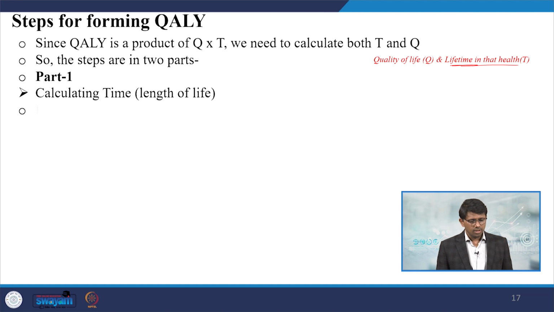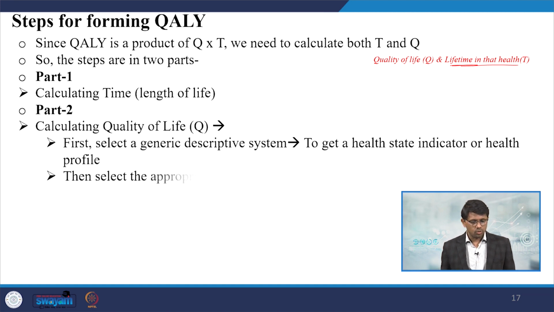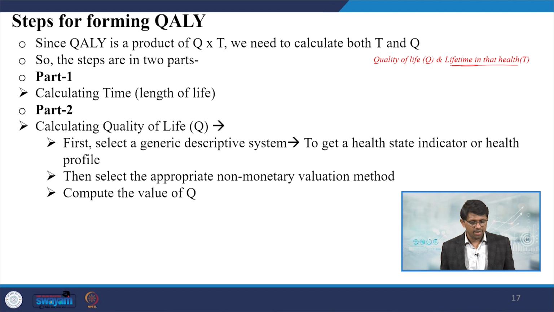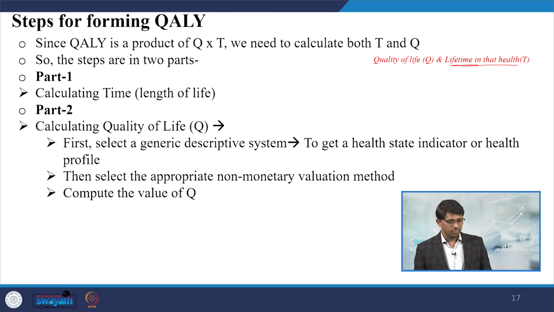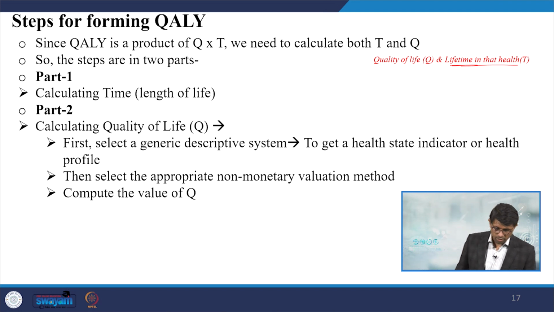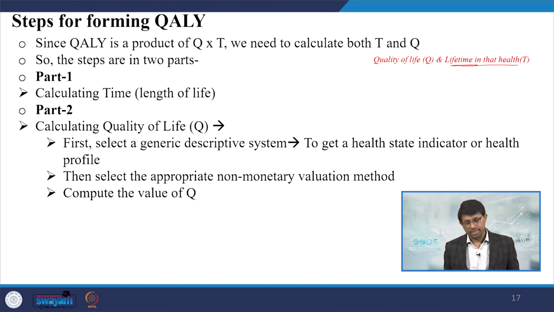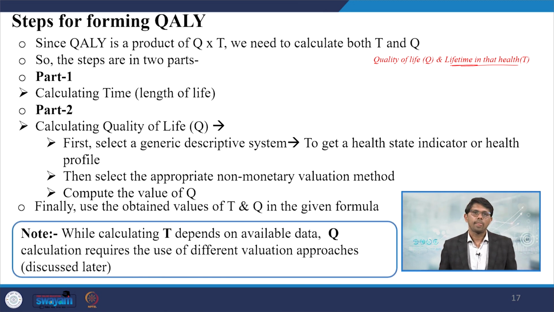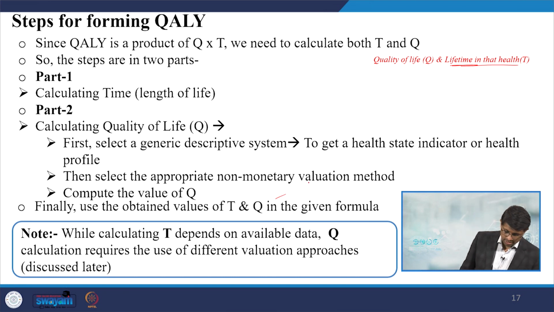The steps are mentioned in parts. First we calculate the length of time, then the quality of life, that is Q. From the different descriptive systems, we get the indicator and their profile, then we select the appropriate non-monetary valuation method, and then we compute Q. Finally, we use the obtained values of T and Q in the given formula for the index, that is QALY.